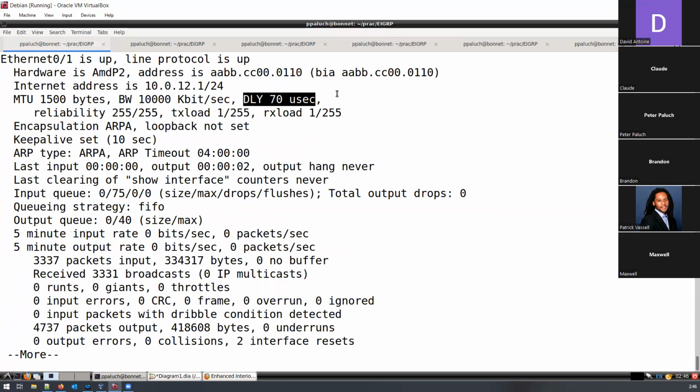So a unit inside the delay command is really a unit of 10 microseconds. Nobody cares because in reality, this number is not used by anybody other than EIGRP. And for EIGRP, it's just a number that it adds together. So we can talk about microseconds, and the wide metrics, in fact, are counting the delay in picoseconds.